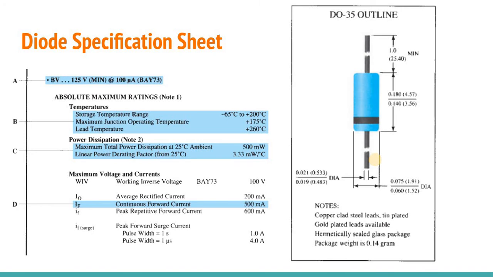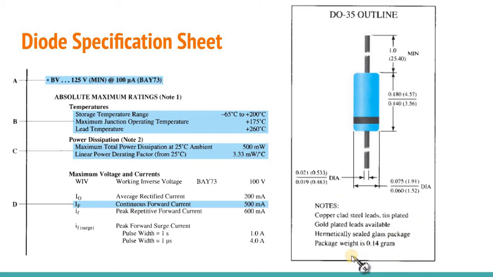Okay, so there are breakdown voltage, absolute maximum ratings, which are the temperatures, power dissipation, maximum voltage, and currents. If we look here, there is a figure ng diode. You can also see here the diameter of the pin, the length of the diode, and then there are also the materials used in manufacturing the diode.